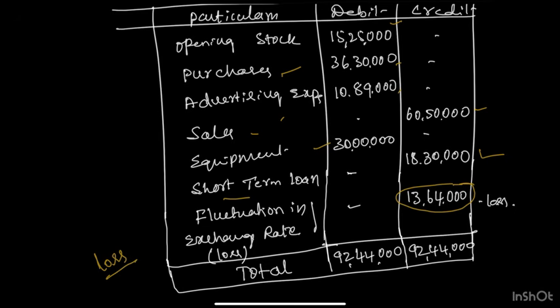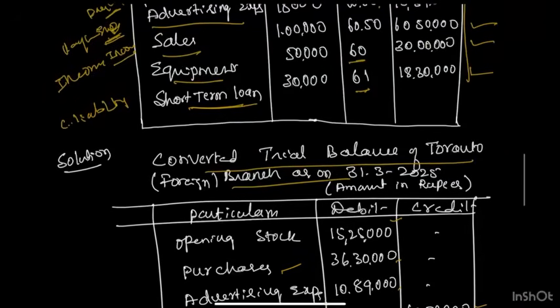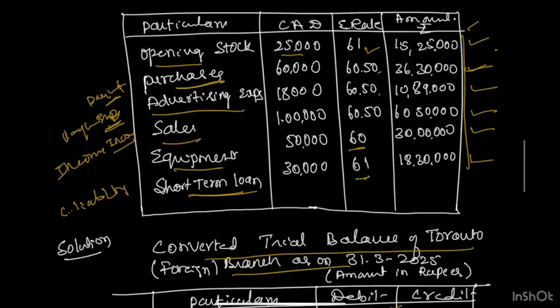If the difference comes on the debit side, it is a profit. If the difference comes on the credit side, it is a loss. Loss arises due to fluctuation in exchange rate, and this loss is to be transferred to the profit and loss account. Okay, so this way, the foreign branch account is to be prepared.